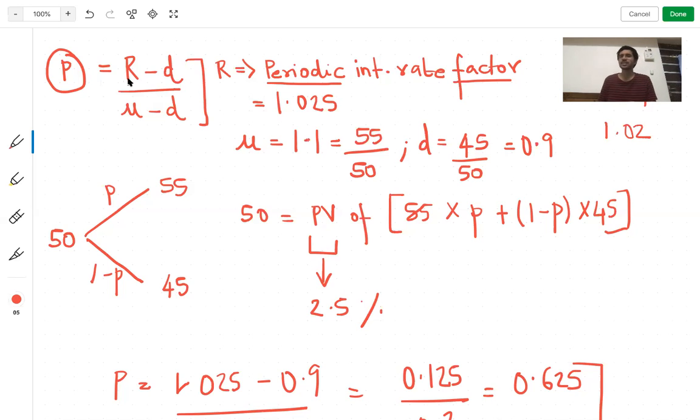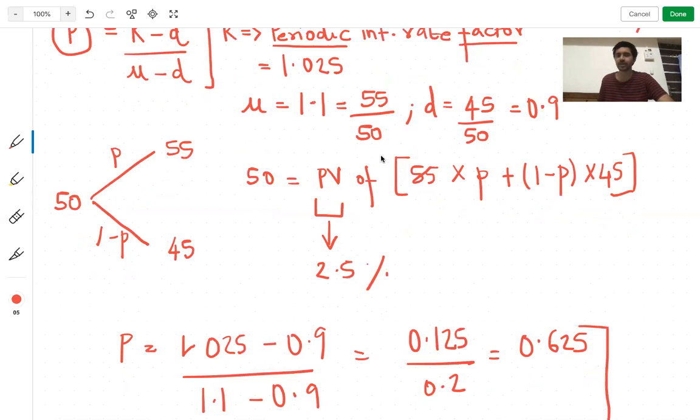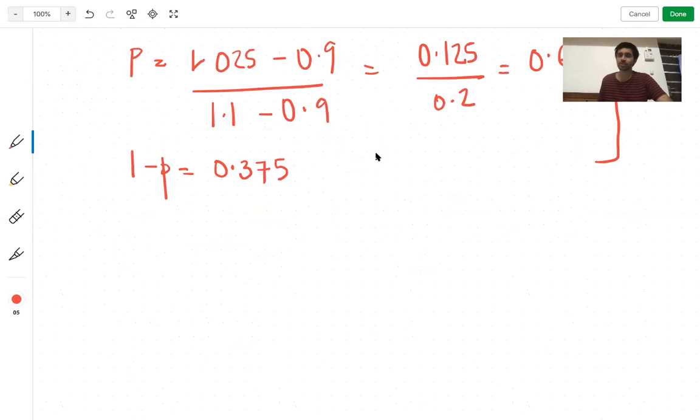So P is equal to R minus D divided by U minus D. I remember that I'm still yet to give you the formula for U and D. I'll give it to you after the single period binomial gets over. I also postponed a few things, like D is equal to 1 by U and stuff like that. I will give all that in a separate video once the binomial model is completely done.